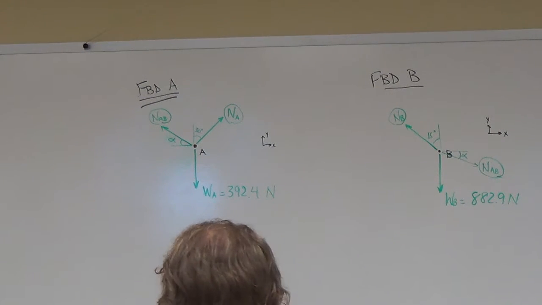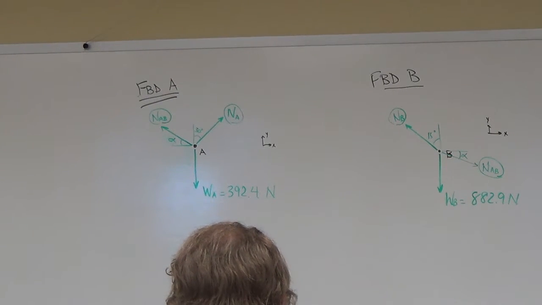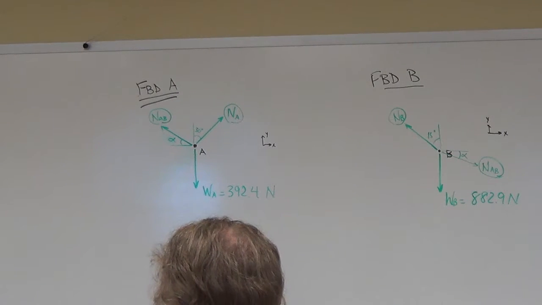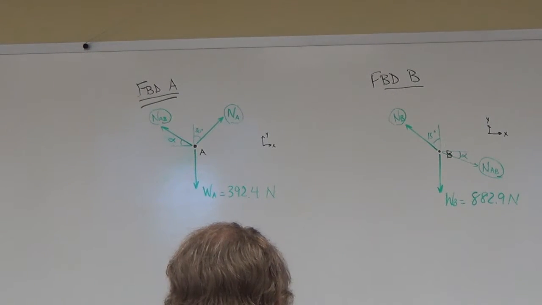So if there are two parts that you can move apart from each other, then you ignore the normals between them. Correct. You just consider the normal of the surface and the body. When you have a body, once you separate it from something, that's when you can draw the forces as external.